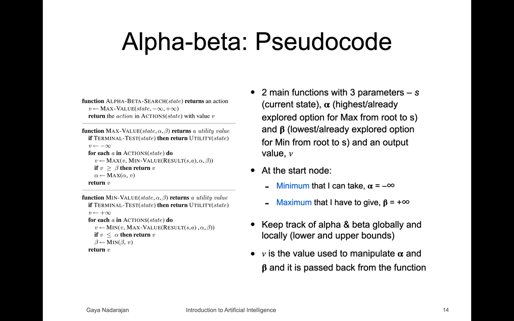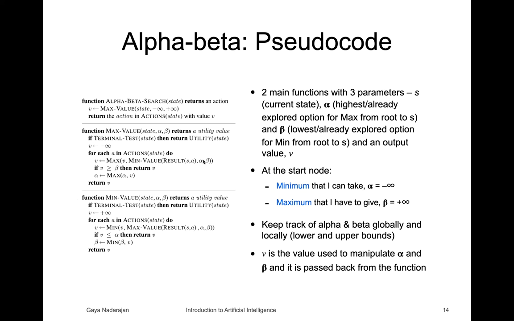Okay, before I show you a walkthrough of this algorithm, this is the pseudocode that is in the textbook. What you will see is there are two main functions, max value and min value, which are tied to max and min, okay?